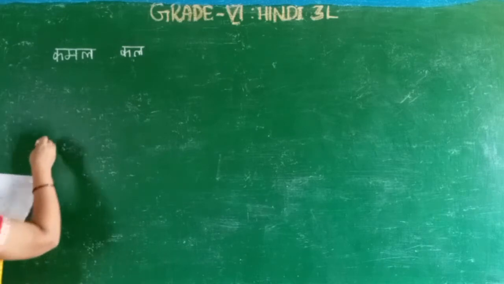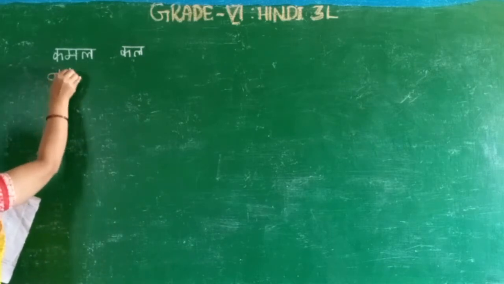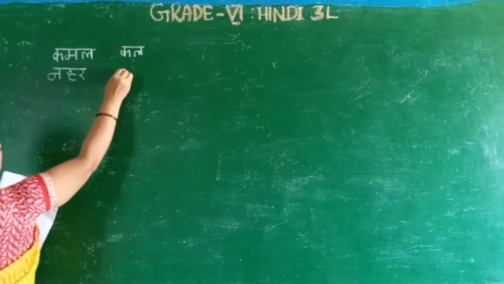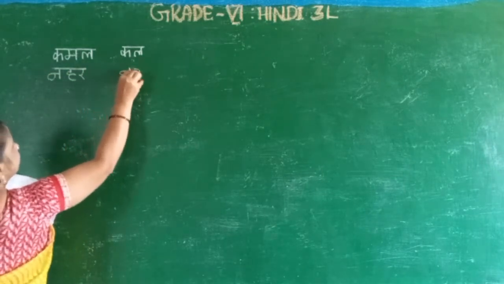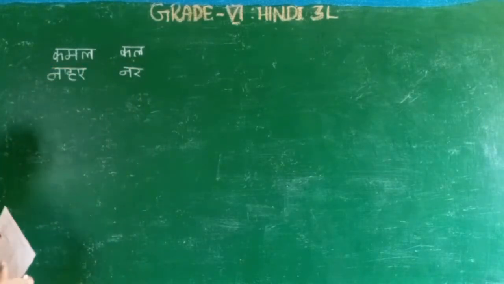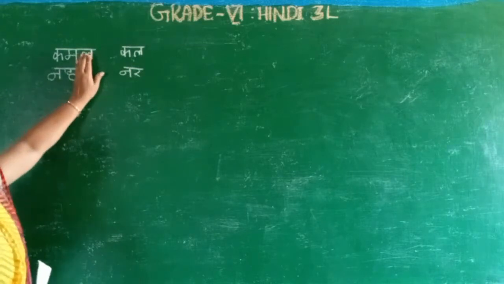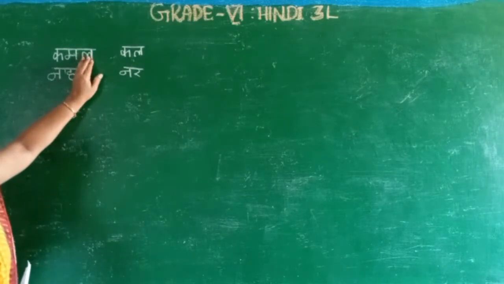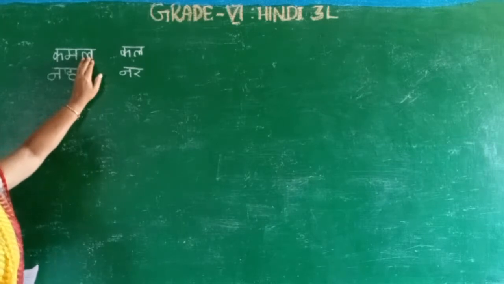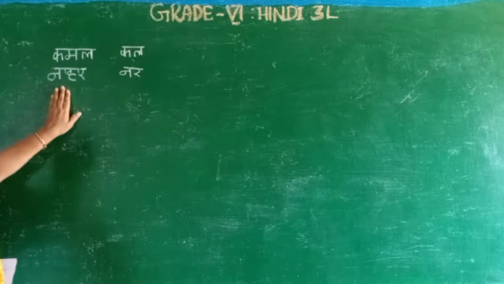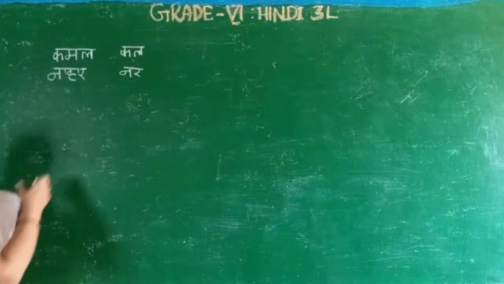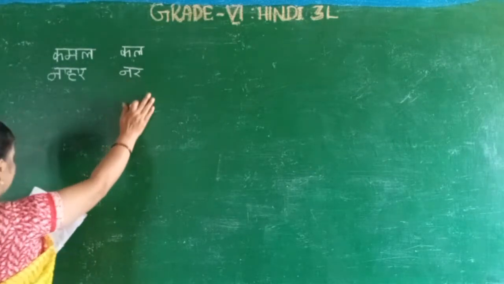Next: na, ha, ra, nahar. In 2 letters, na, ra, nar. In the middle letter, see carefully, ha has full sound. But in a 2 letter word like na, ha, how do we read it, nah? Here, in a 3 letter word, na, ha, ra, nahar.